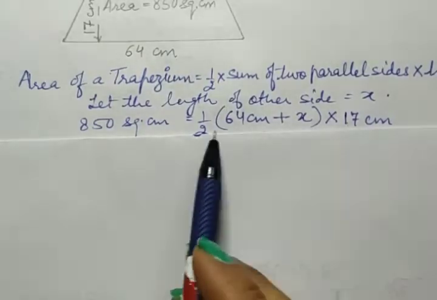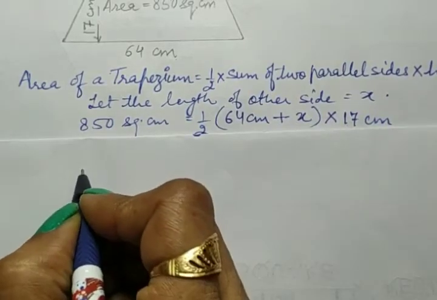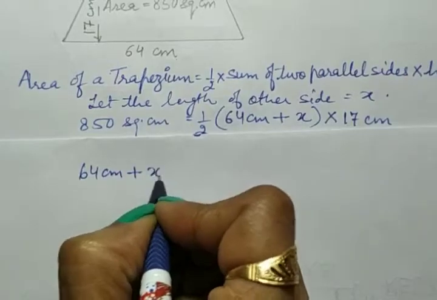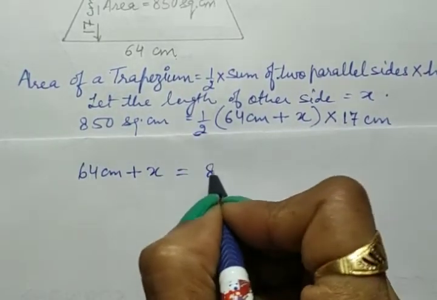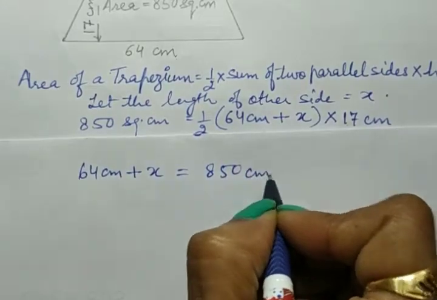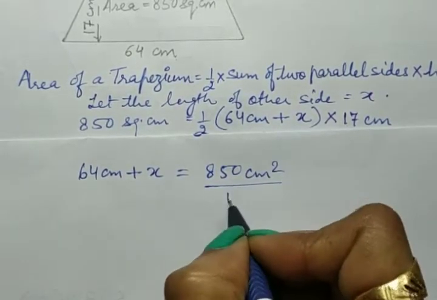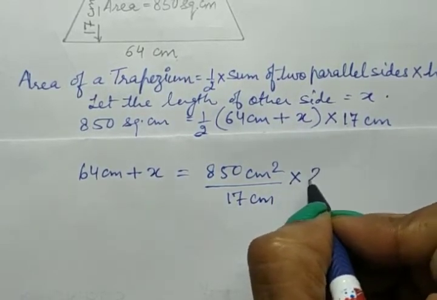Let's do the cross multiplication. After cross multiplication, we get 64 centimeter plus x is equal to 850 centimeter square divided by 17 centimeter multiplied by 2.